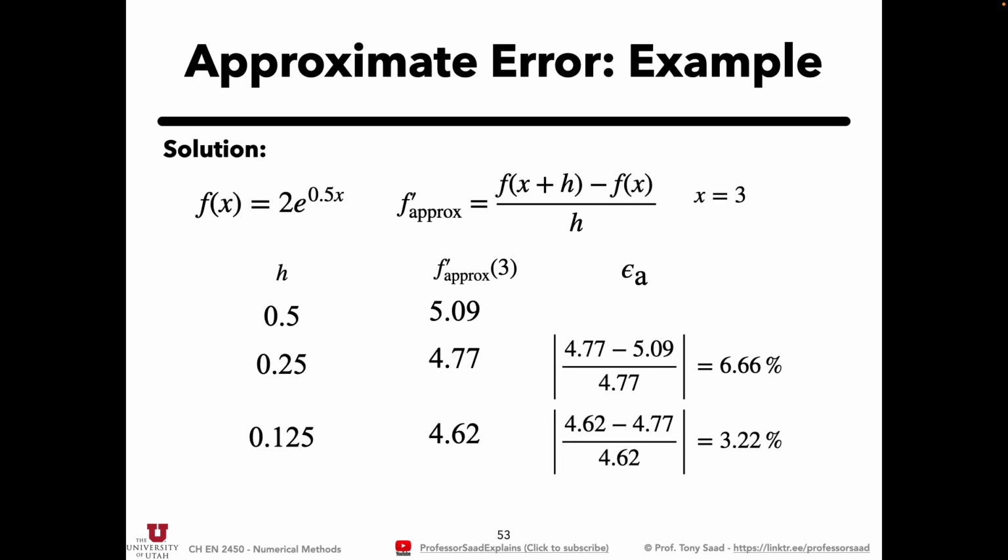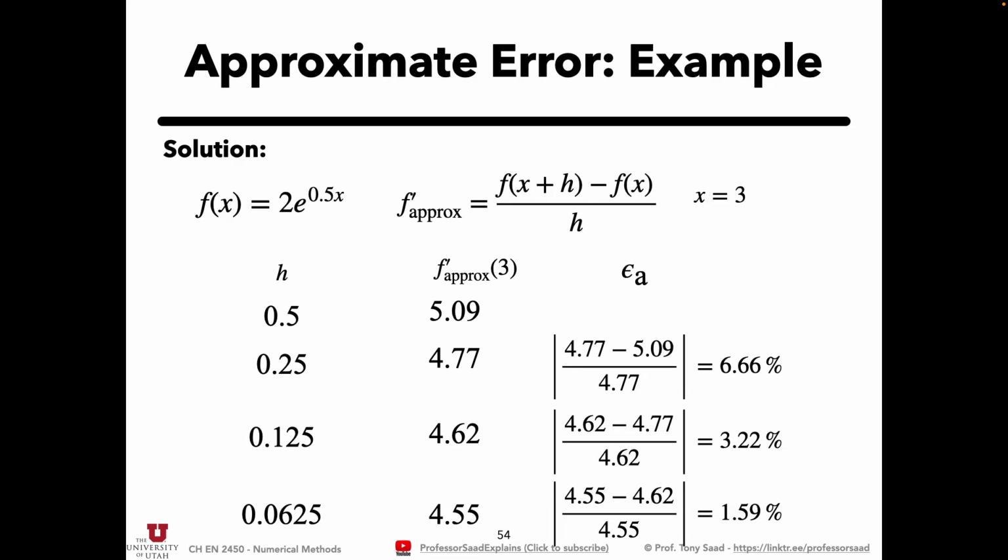So for h equals 0.125, you get 4.62, and then bam, you see from 6.66 to 3.22. Then you continue at h equal 0.0625, 4.55, and you do the error, 4.55 minus 4.62 over 4.55, and you get 1.59%.